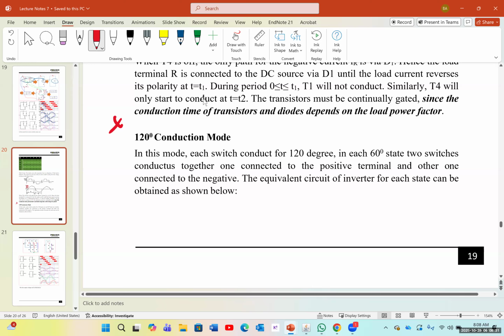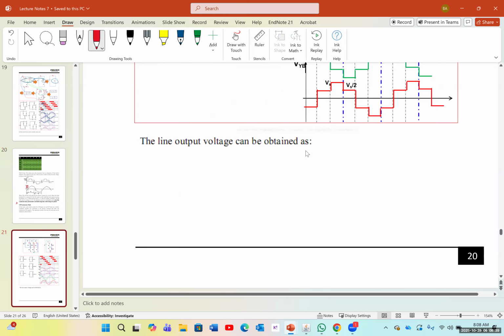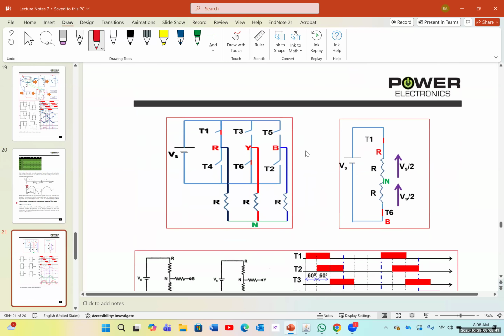The equivalent circuit of the inverter for each state can be obtained as follows. In the previous one, in the 180-degree conduction mode, we had T1, T5, and T6 connected at the same time, and T3, T4, and T2 were disconnected. Here we only have T1 and T6 connected, okay?